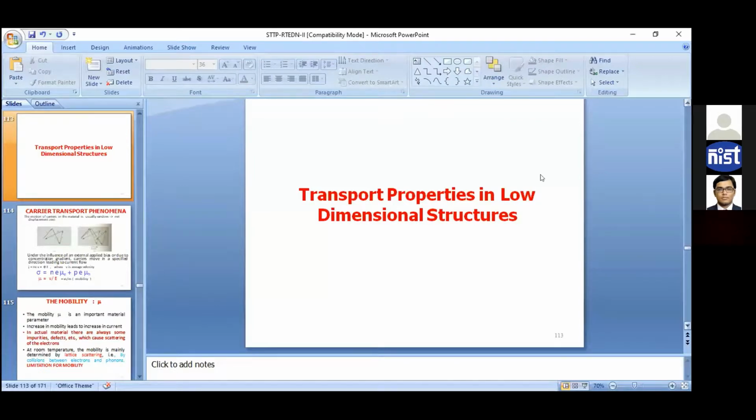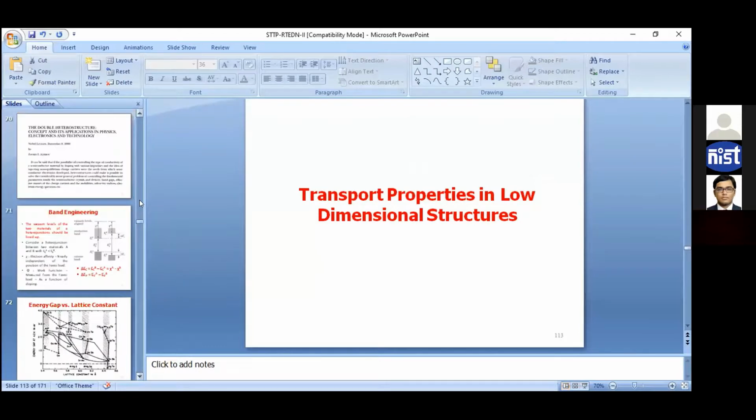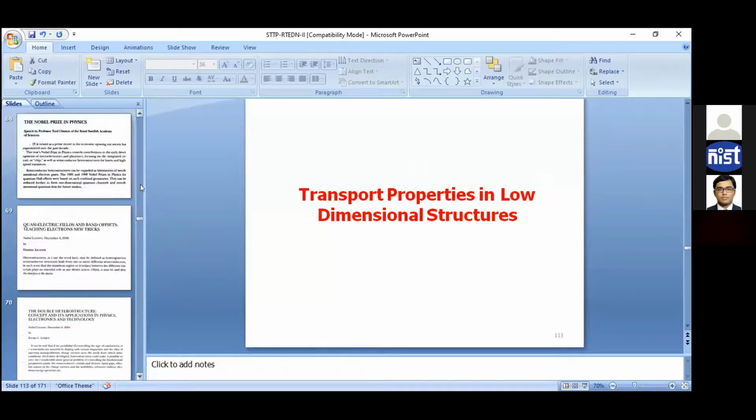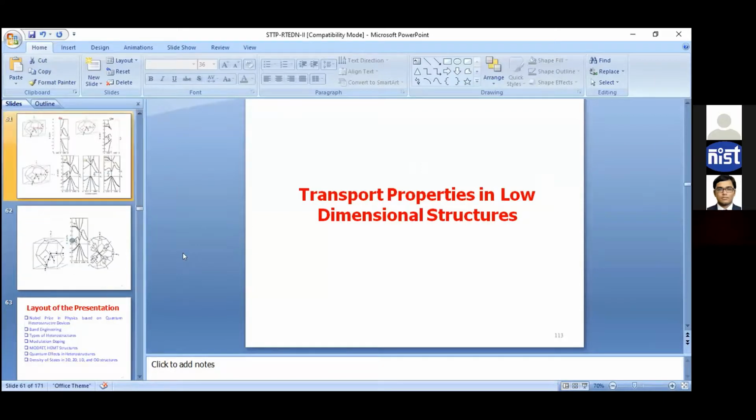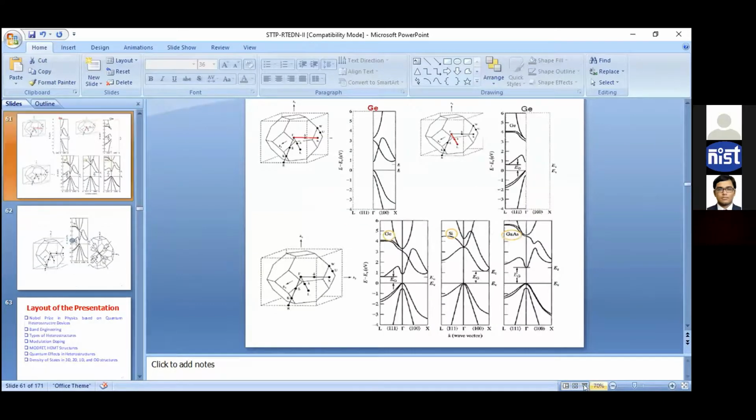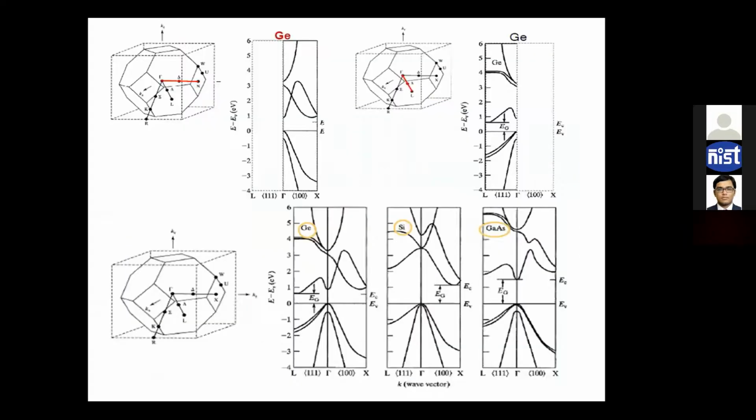Today morning I clarified that. This one is the correct figure that we have discussed. Normally we take a different picture and merge it for simplicity. Okay. Thank you very much for this.